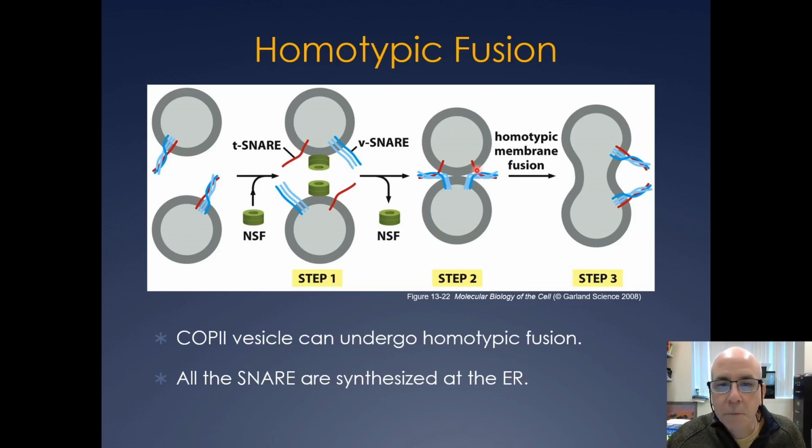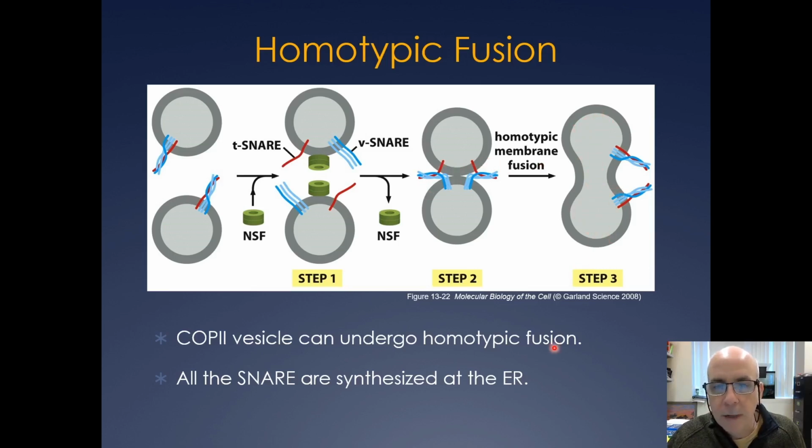Once the vesicles bud off the endoplasmic reticulum, they undergo homotypic fusion. Okay, where you have two uncoated COPII vesicles and an old trans-SNARE complex that's there, and then the protein NSF comes and dissociates the trans-SNARE pair, so you can reform the trans-SNARE pair, and then you can get homotypic fusion where these former COPII vesicles start to fuse together.